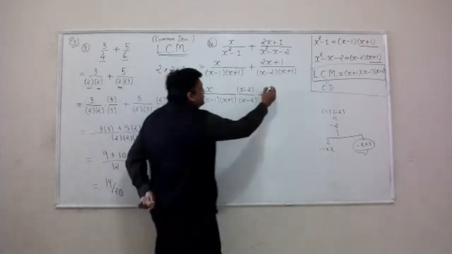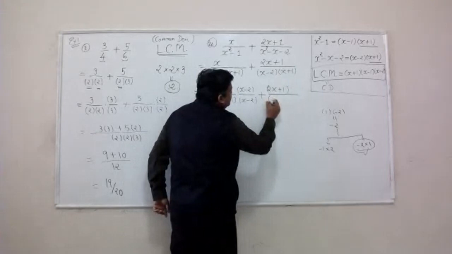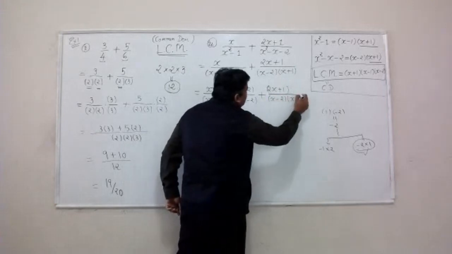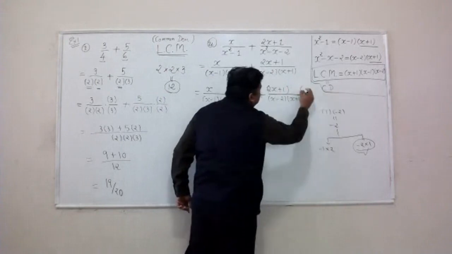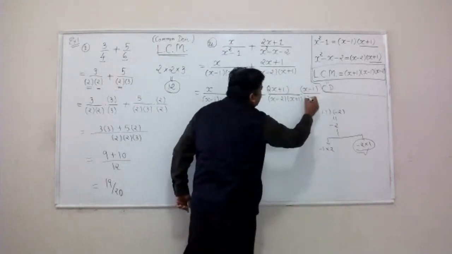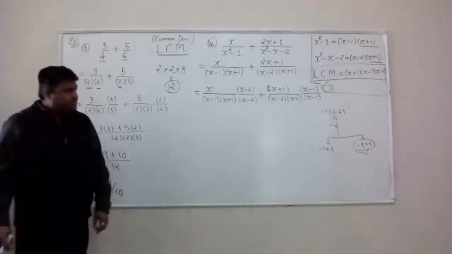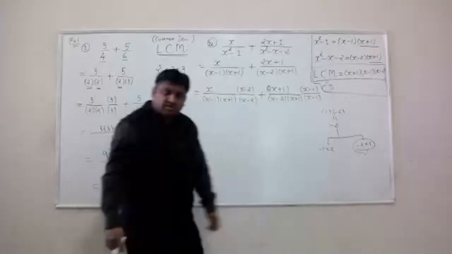Under the second term, we can make it visible too. So I have 2x plus 1 over x minus 2 times x plus 1. The missing factor is x minus 1, right? So I'm going to multiply and divide it by x minus 1. All right, perfect. Denominator is the same under both terms.